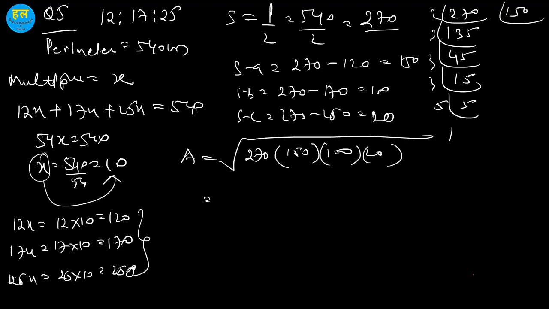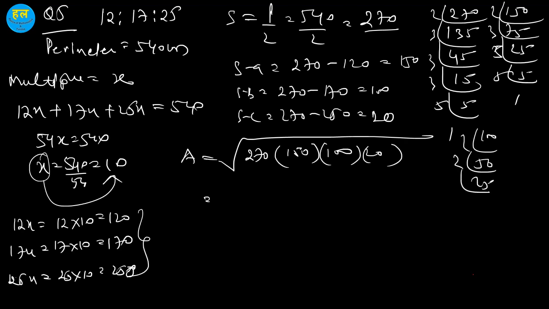Then 150, 3 2s are 6, 5 5s are 5, 1. Then 100, 250, 225, 5 5s, 20. We'll put it as it is.